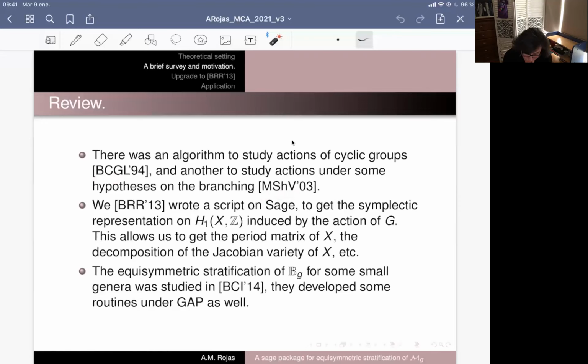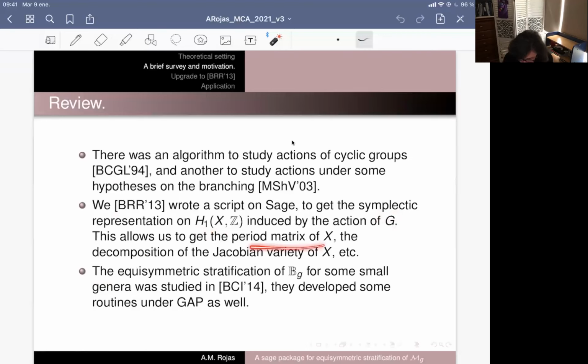In a joint work with Antonio Behn and Ruby Rodriguez, we wrote a script on Sage to get the symplectic representation of the action of G, meaning the representation on the first homology group. Having this action allows us to find several pieces of geometrical information about the action.